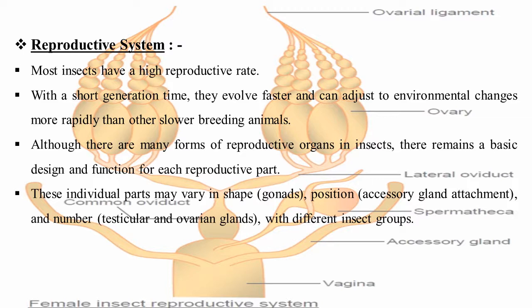These individual parts may vary in shape, position, accessory gland attachments, and number, including testicular and ovarian glands, in different insect groups.